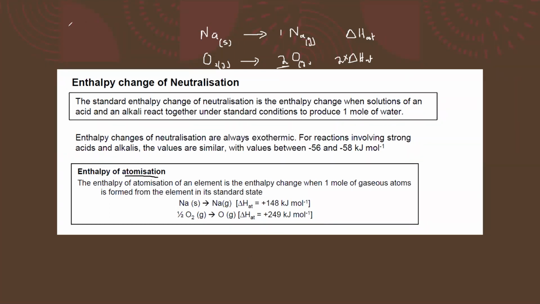So to get 1 mole, when we write a balanced equation, oxygen is O2, so if you have half an oxygen molecule, it will produce 1 oxygen atom in a gaseous state. And we call that the standard enthalpy change of atomization. So basically, how much energy is needed to produce 1 mole of gaseous atoms from its element, we call that the standard enthalpy change of atomization.